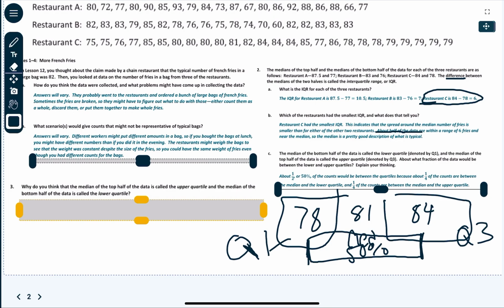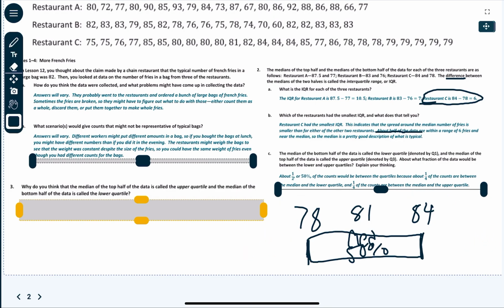Because if this is 50% between 78 and 84, then below it here in this area would be about 25%. And above this area would be about 25%. So about a quarter above and a quarter below. Okay.